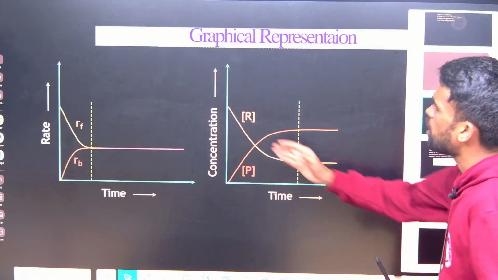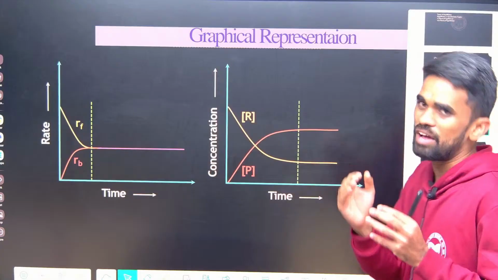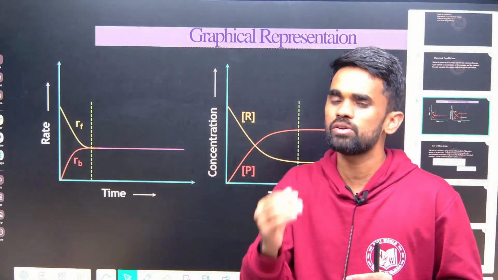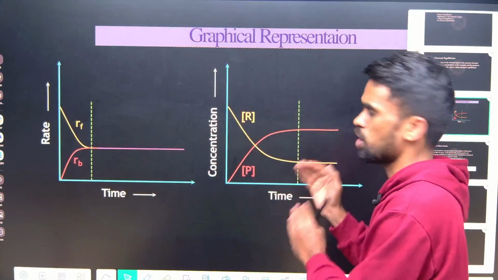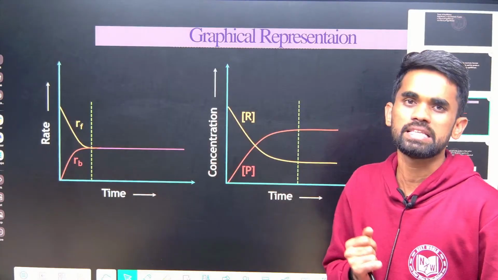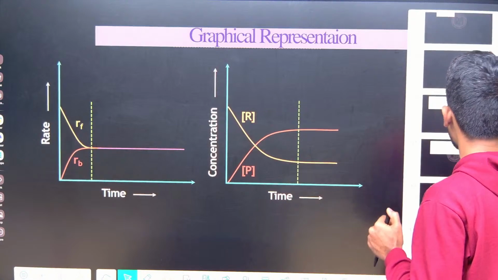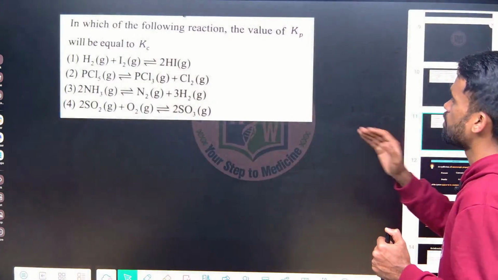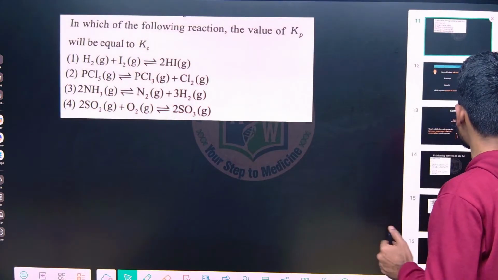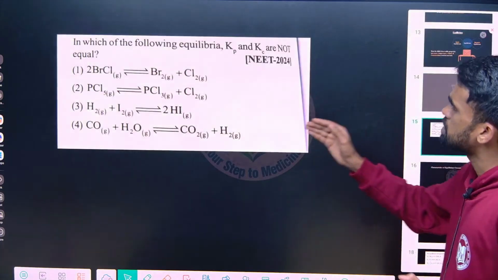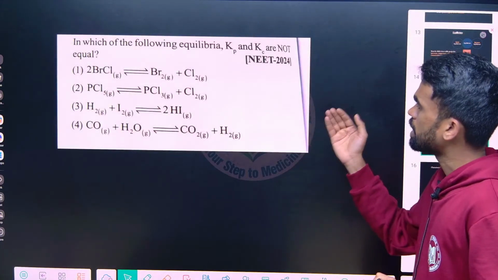Yesterday I discussed this graph, and if you haven't watched it, just go and watch it, you will get more clarity on this topic. You can start from the very basics. Then the law of mass action was discussed with some basic questions, and then I solved some PYQs related to the Kp Kc relation.